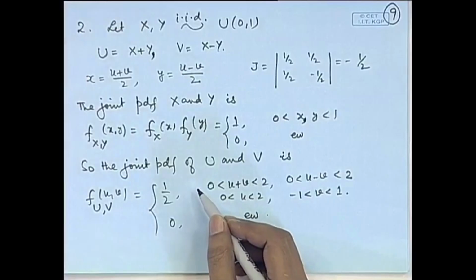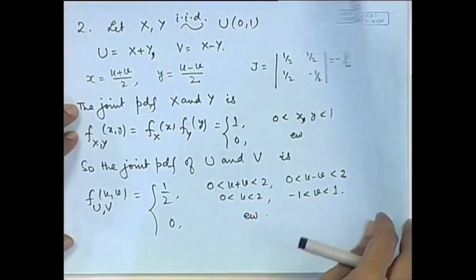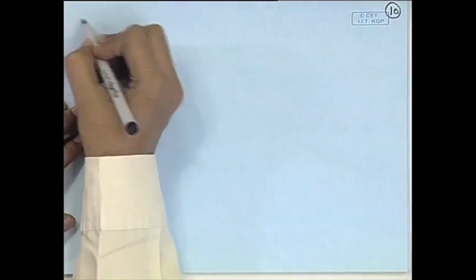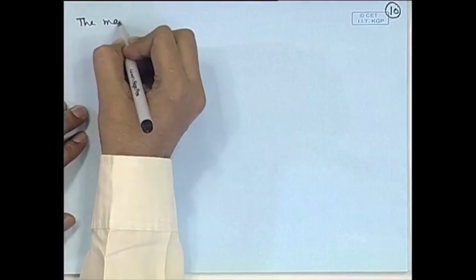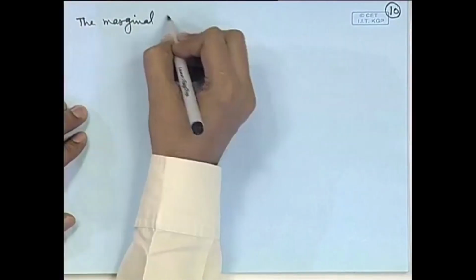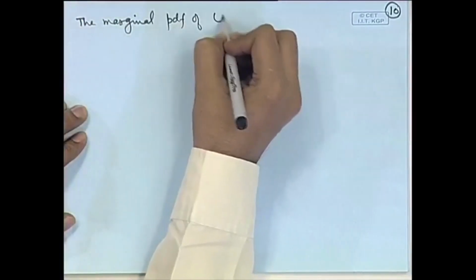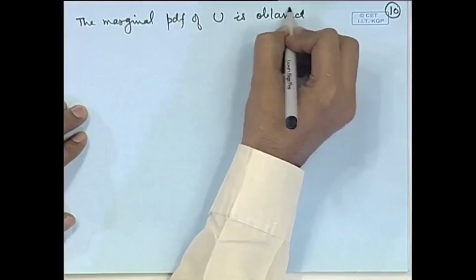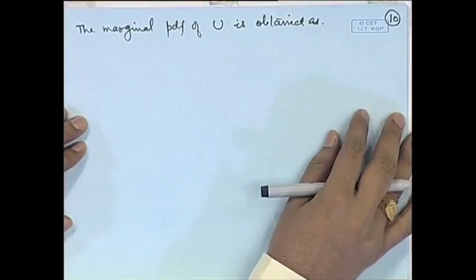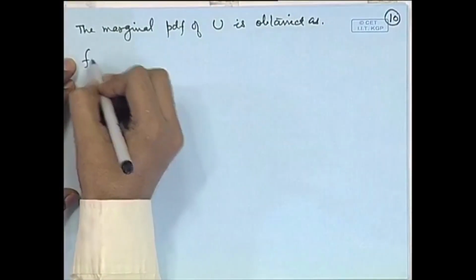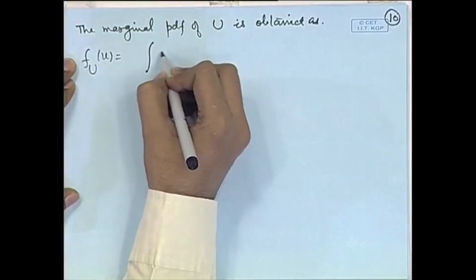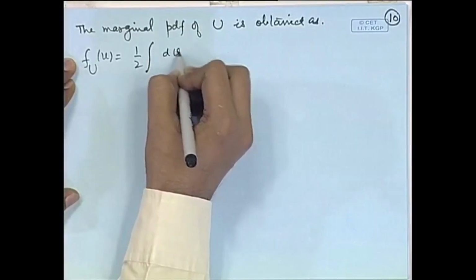So, the marginal density of u is obtained as, so, f_u is the integral of this joint density, that is half dv. Now, notice here the range of v.